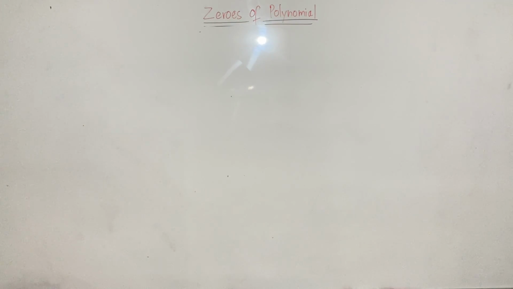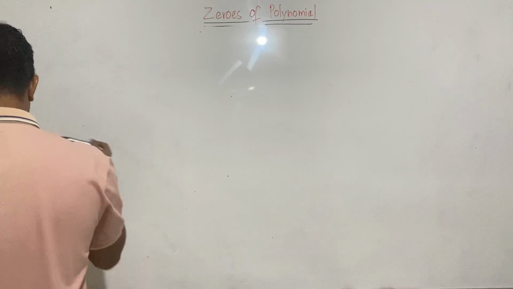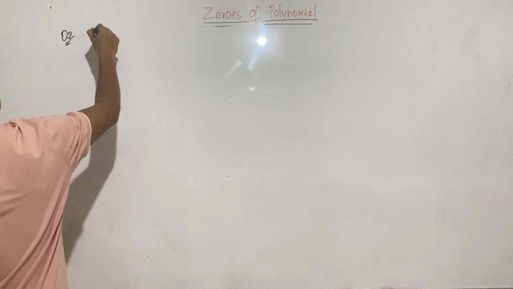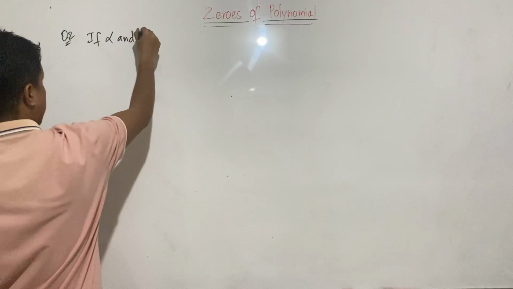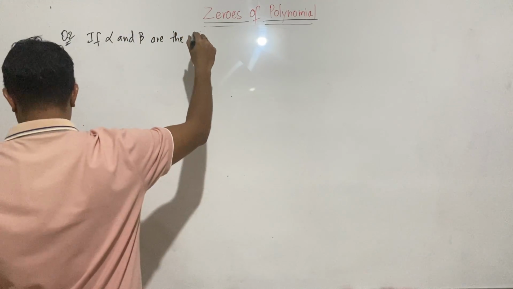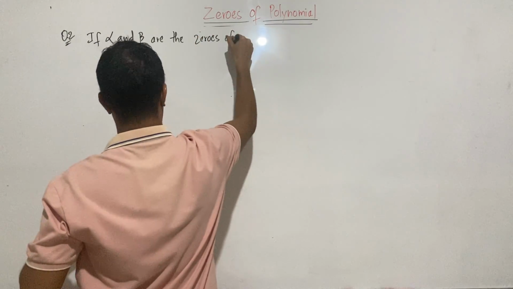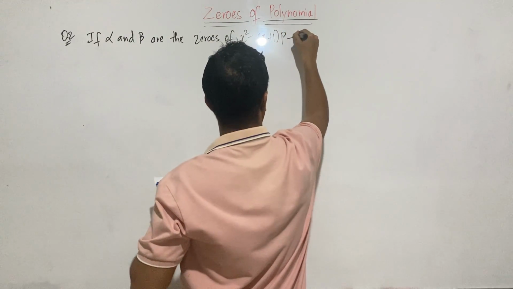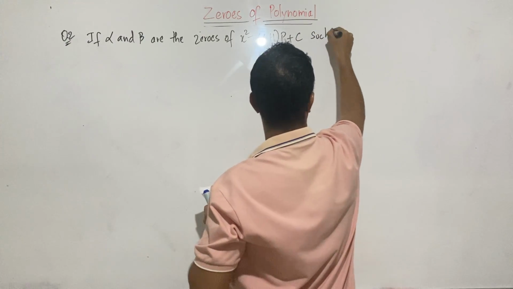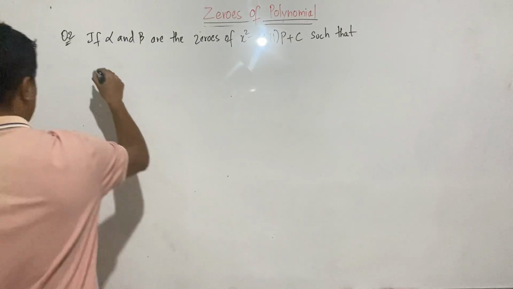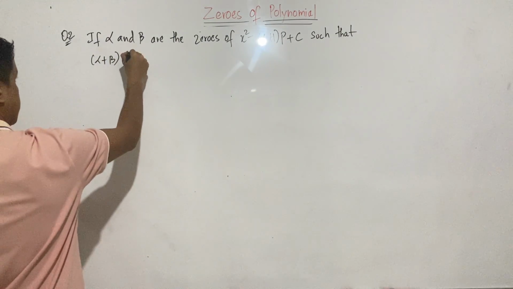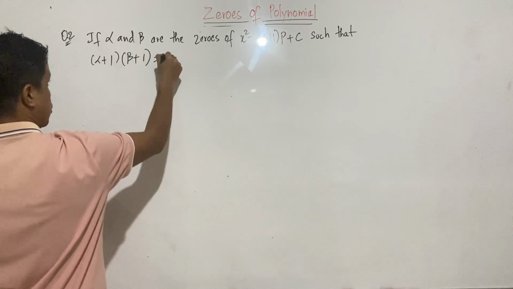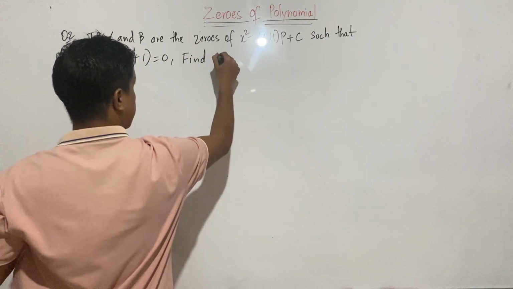Next question says, if alpha and beta are the roots, sorry, not the roots but the zeros of x squared minus (p plus 1)x plus c, such that (alpha plus 1)(beta plus 1) equals 0, find c.